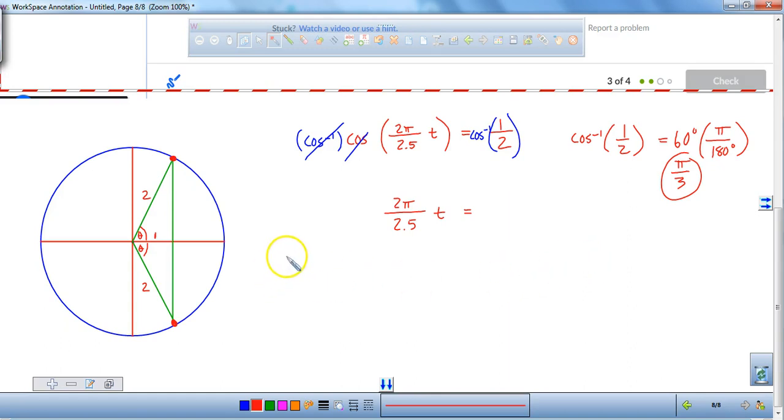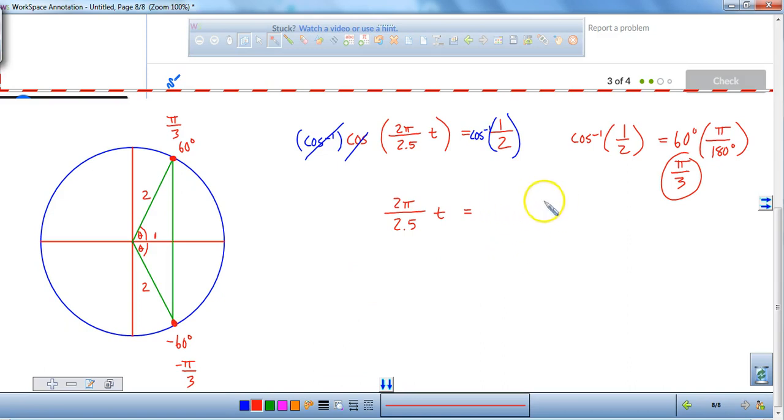Well, where is cosine 1 over 2? We're going to put 60 degrees, but it could also be at negative 60 degrees. Which means in radians it could be at pi over 3, but it could also be at negative pi over 3.